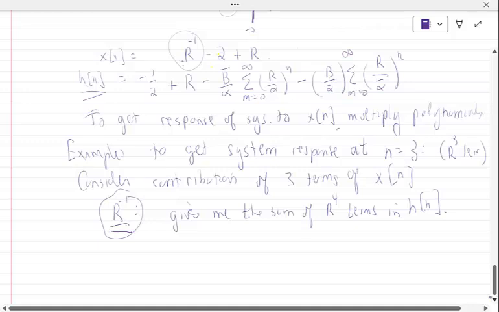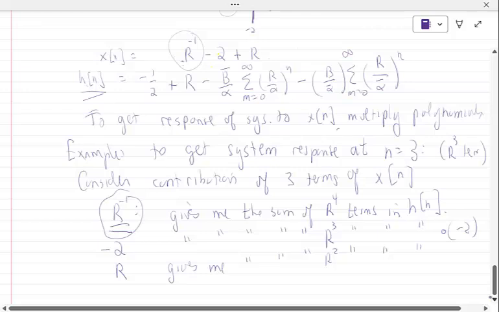Then I have the minus 2, and this gives me the sum of R cubed terms, but times minus 2. And the R is going to give me the sum of R squared terms in H of n.